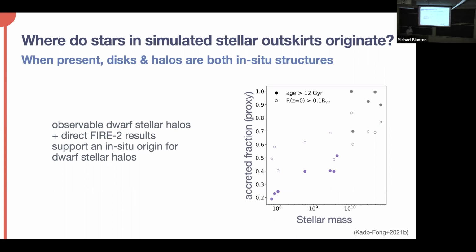So the more massive Milky Way-like galaxies are dominated by this ex situ fraction, which is completely expected given the connection with classical stellar halos. Whereas as you go down towards lower dwarf masses, the in situ component becomes more and more significant. So both the observable dwarf stellar halos and the direct FIRE-2 results support this in situ origin for dwarf stellar halos or dwarf stellar outskirts.